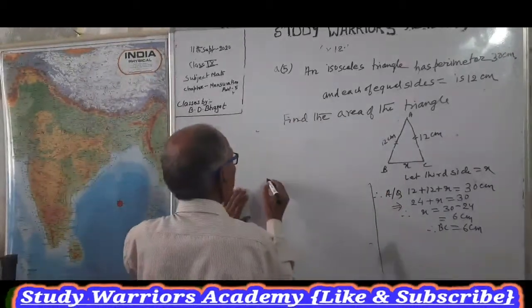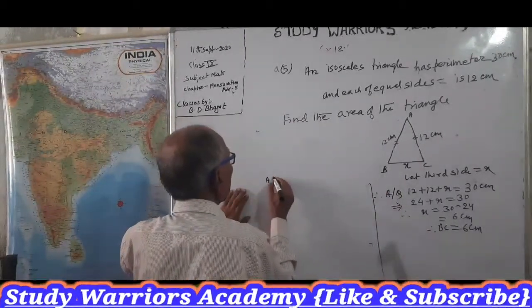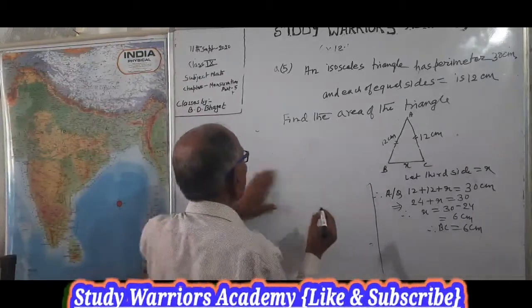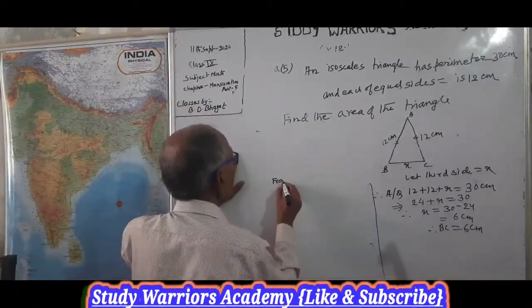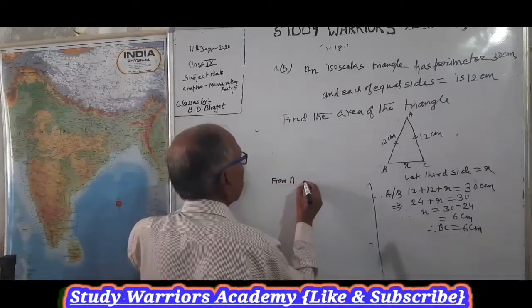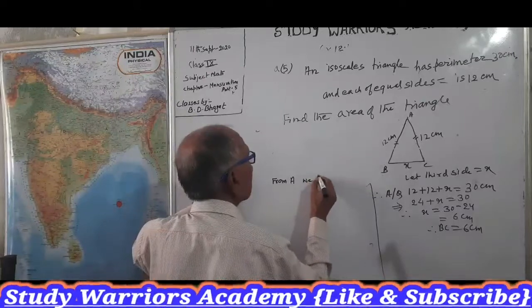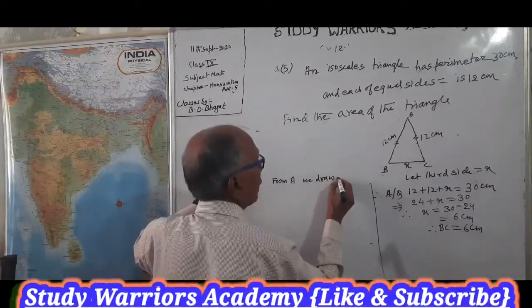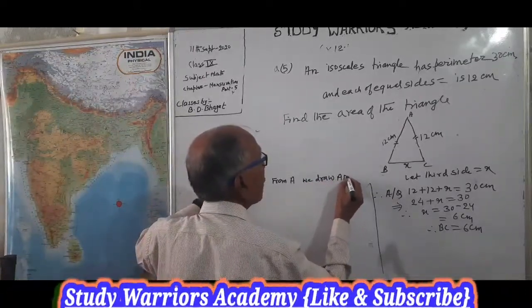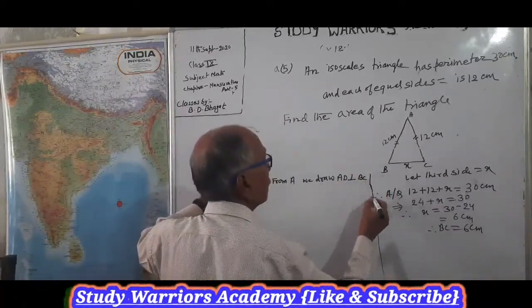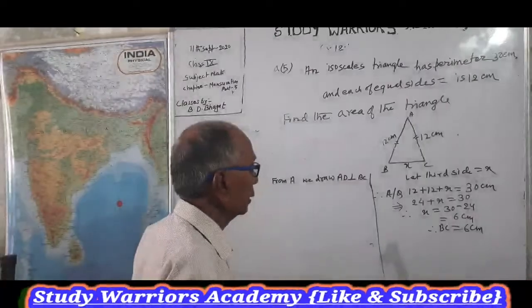AD is drawn from A. We draw AD perpendicular to BC.